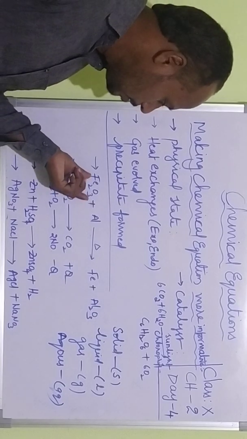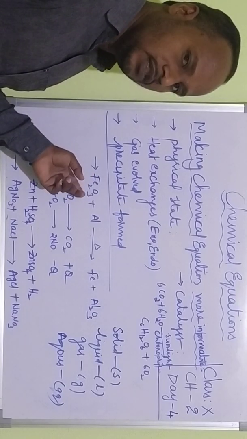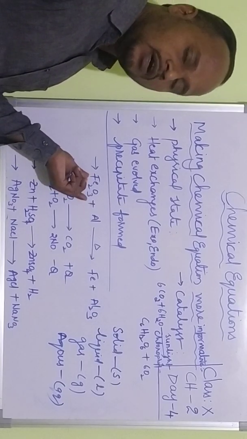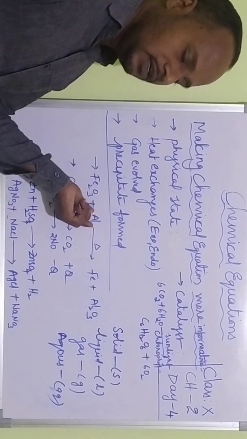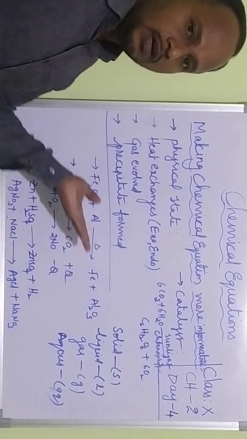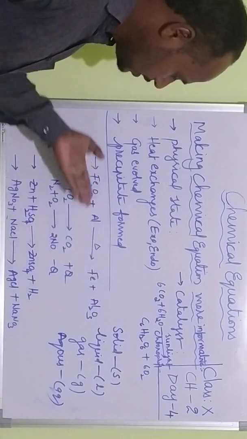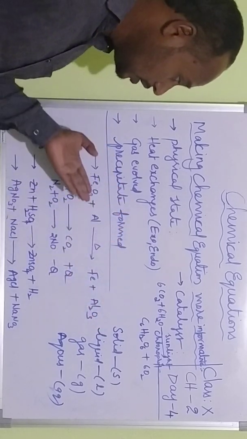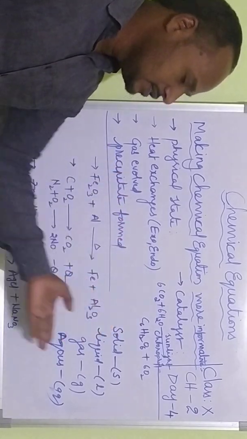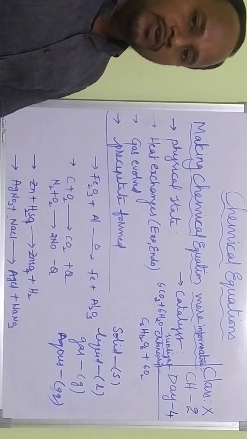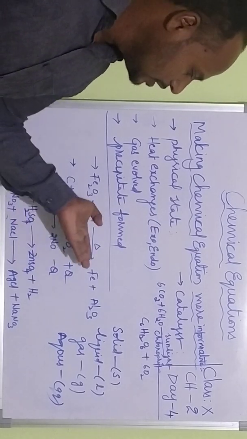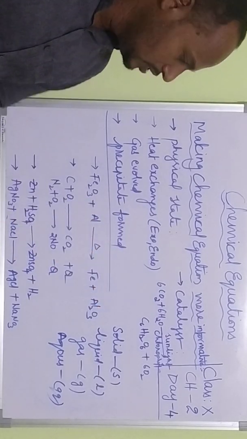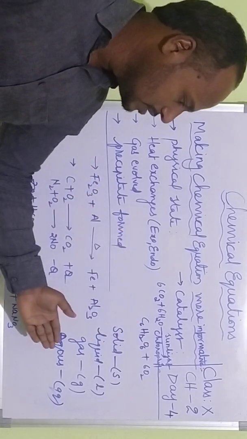For the first compound, it contains iron and oxygen together in a fixed composition called Fe2O3, and aluminium individually. On the reactant side and product side, whether those are liquids, solids, gases or aqueous, we need to know. If you know, then we can give the exact result. Understand? So these are the short notations of solid, liquid, gases and aqueous.